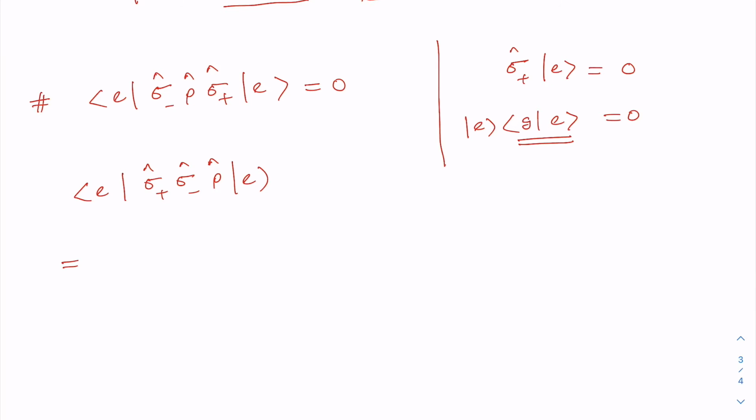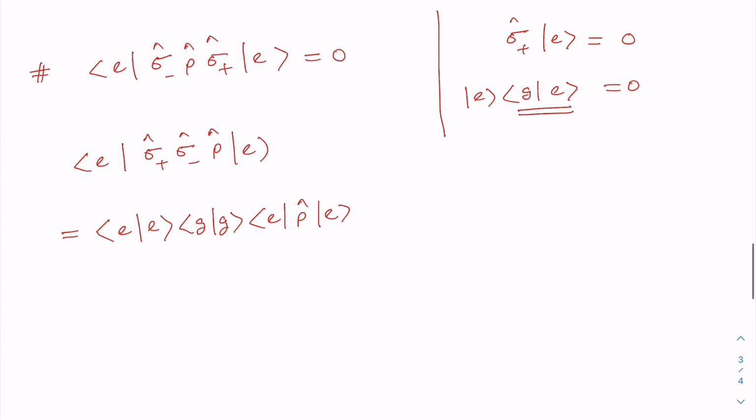If I put the whole thing explicitly, you will get ⟨e|σ₊, where you are going from the ground state to the excited state, and σ₋, where you are going from the excited state to the ground state, and then here you have ρ|e⟩.